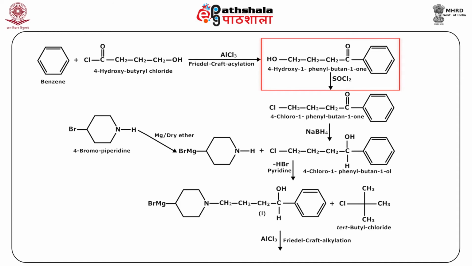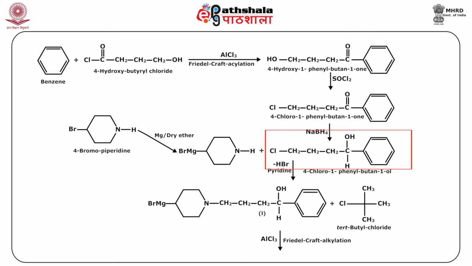The ketone so formed on reaction with thionyl chloride results in the formation of 4-chloro-1-phenylbutan-1-one. The 4-chloro-1-phenylbutan-1-one is reduced to 4-chloro-1-phenylbutanol using sodium borohydride.